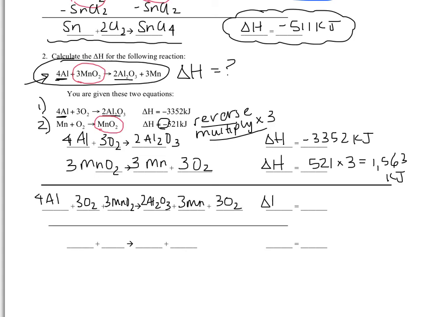And because I added these reactions together, I'm going to add my enthalpies together. So I'm adding the negative 3,352 and the positive 1,563, and I believe that gives me a delta H of 1,228 kilojoules.